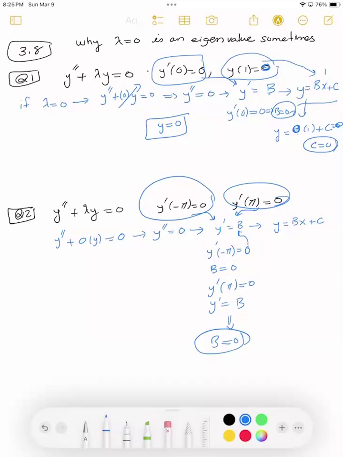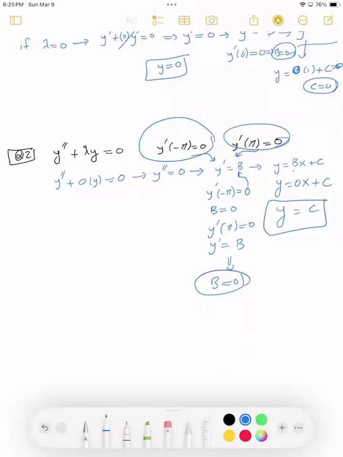But if I substitute 0 for b, I get 0x plus c, so y is equal to c, and c is a constant. For instance, c equal to 1 is also a constant.